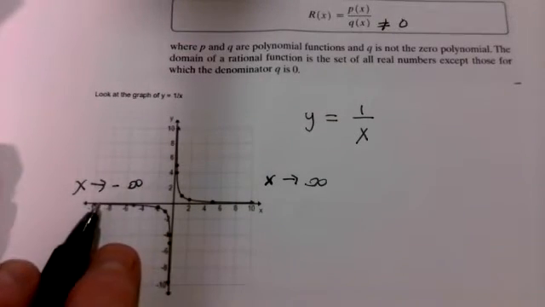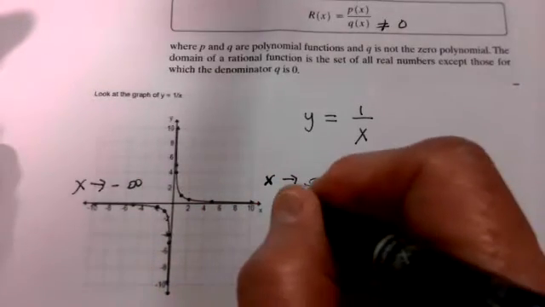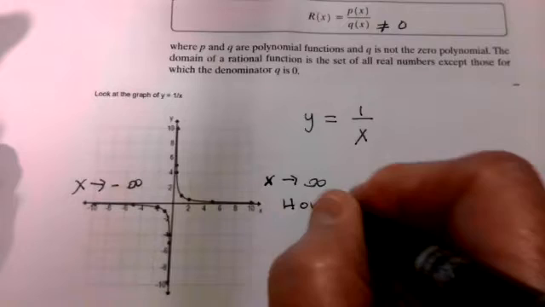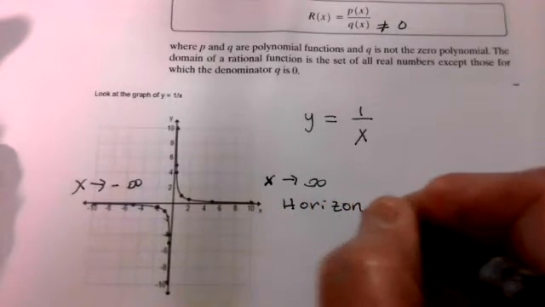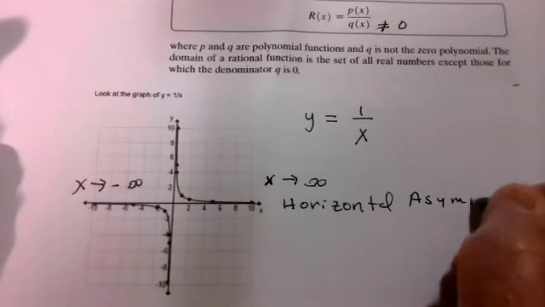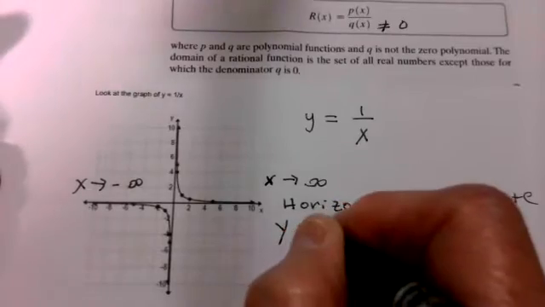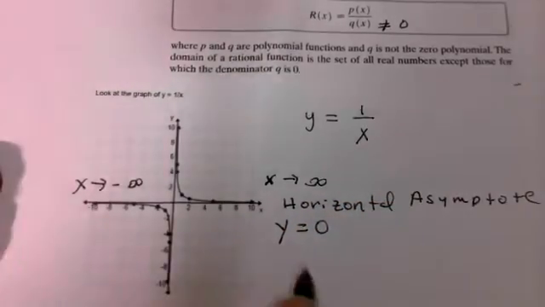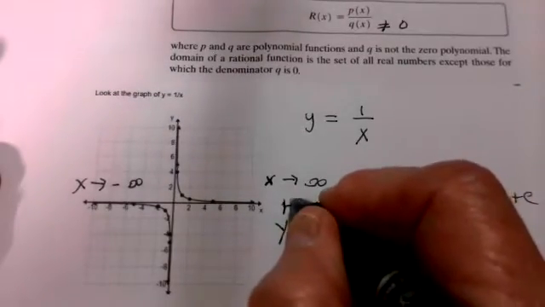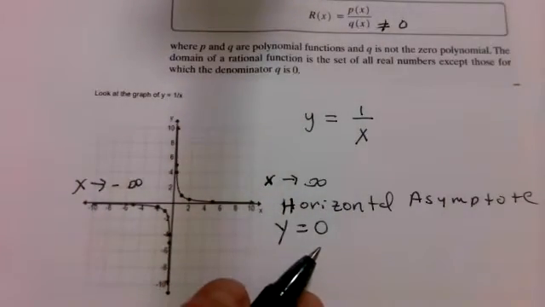It isn't linear, but it's starting to look linear. What we call this is a horizontal asymptote, and the equation of that horizontal asymptote is y equals 0. Horizontal asymptotes are horizontal lines, and horizontal lines go y equals a constant.